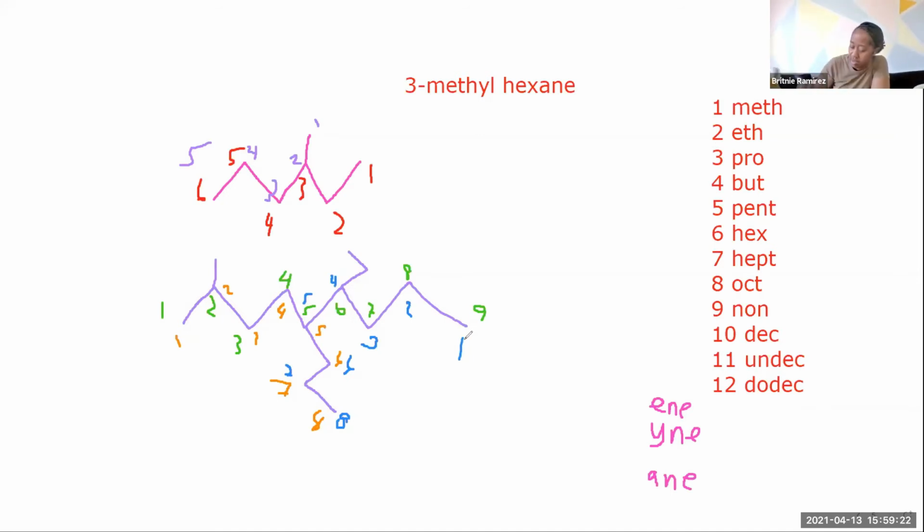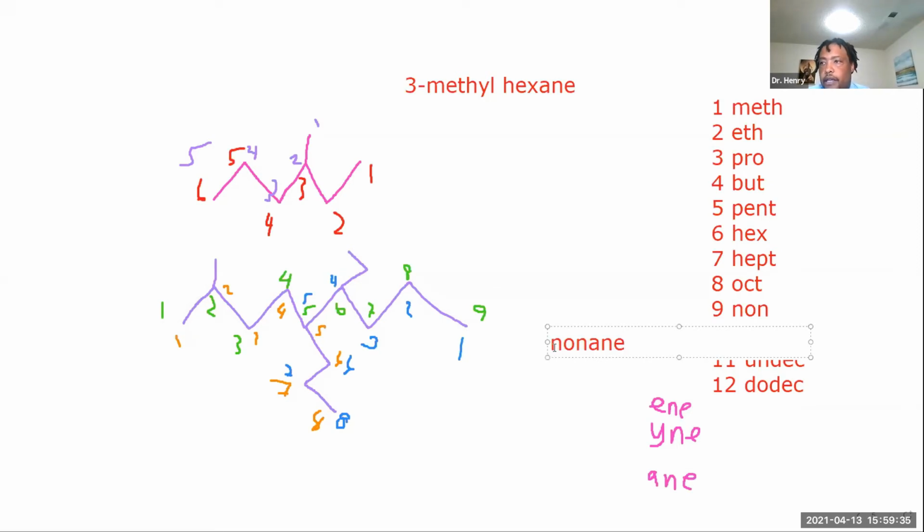Okay, so now in this case, the way that we would name it, we could name the longest chain. Now, how many carbons are off of this one? This one here, off the second chain?